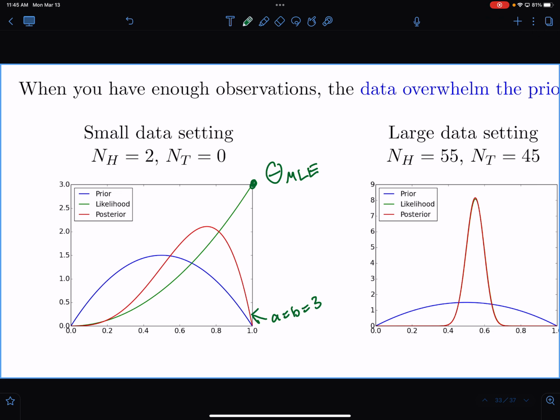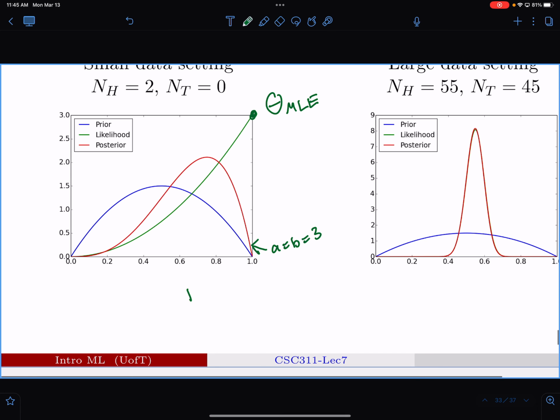So that's theta MLE. The posterior is multiplying the prior times the likelihood and then normalizing, right? So posterior equals prior times likelihood, normalized.